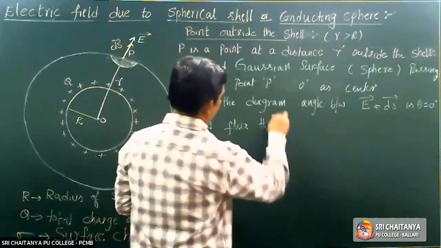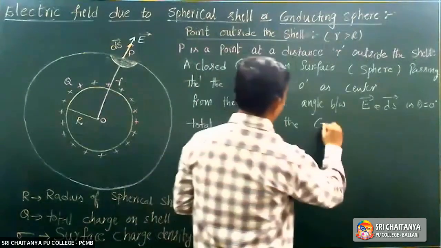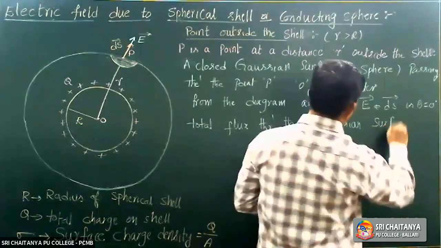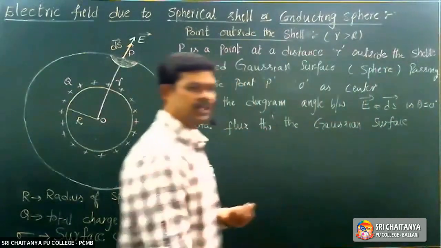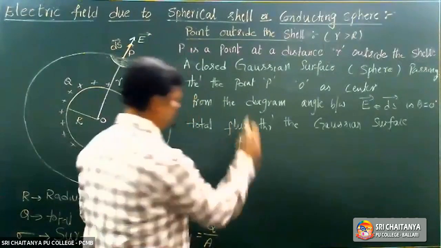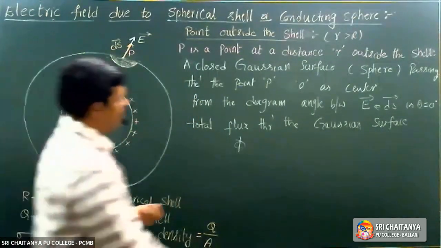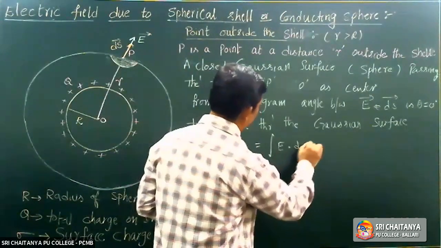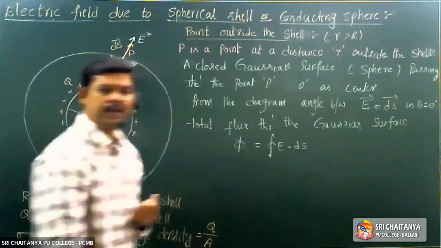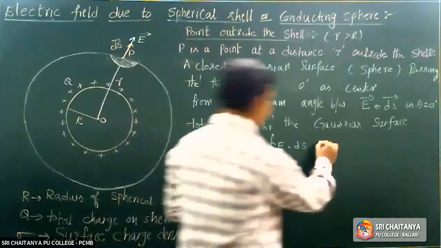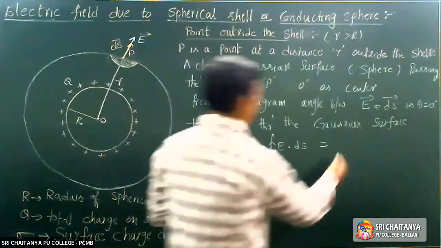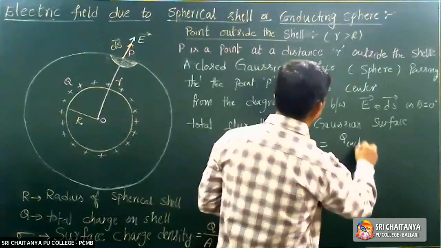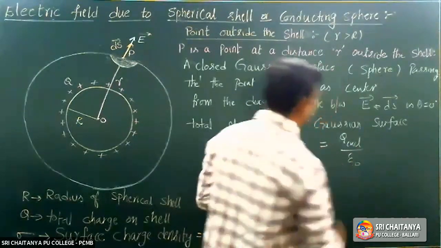Flux through the Gaussian surface, phi, which you can write as the surface integral of E dot ds, is equal to, according to Gauss law, Q enclosed by epsilon naught.